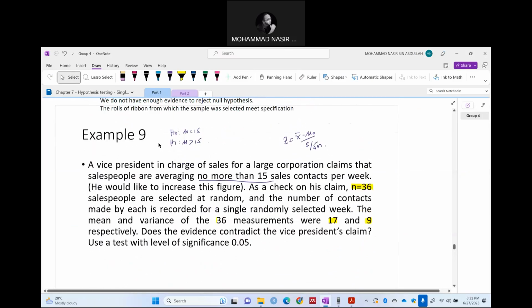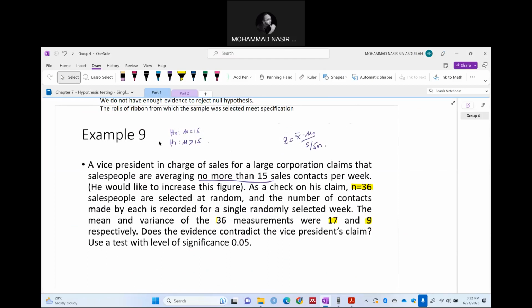Example 9. More than 15. Wait, example number 9.